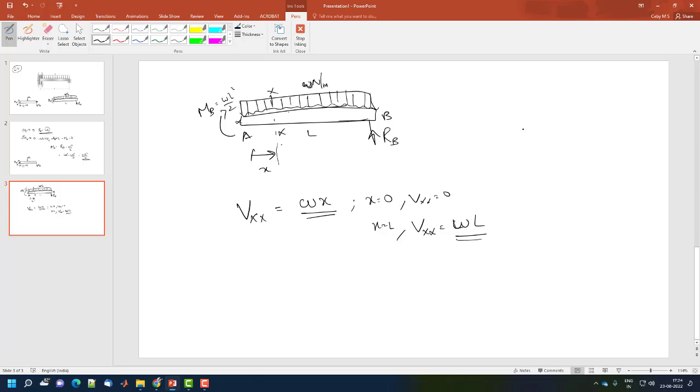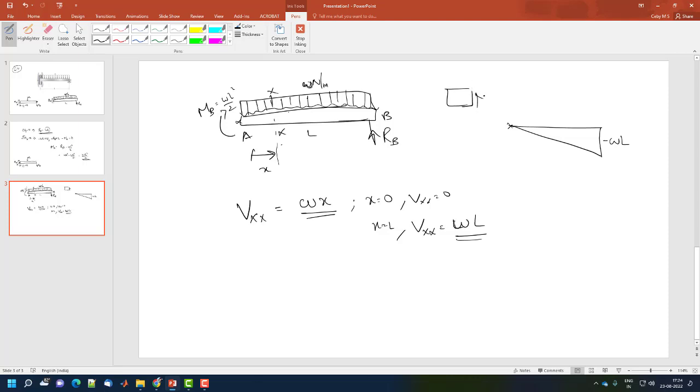Here the RB is in the upward direction, so that is a negative WL, and the downward forces are positive. Even if you draw it in the other direction, it won't matter, but you have to define your sign convention.